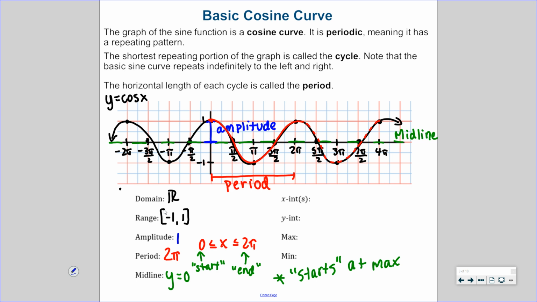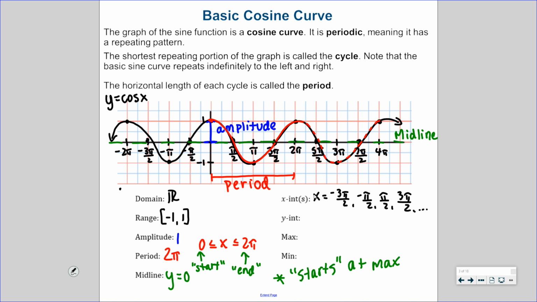This one has x-intercepts at -3 pi over 2, -pi over 2, pi over 2, 3 pi over 2. Why can I not call this multiples of pi over 2 though? Because pi is pi over 2. It's just 2 pi over 2. Exactly. These would all count.